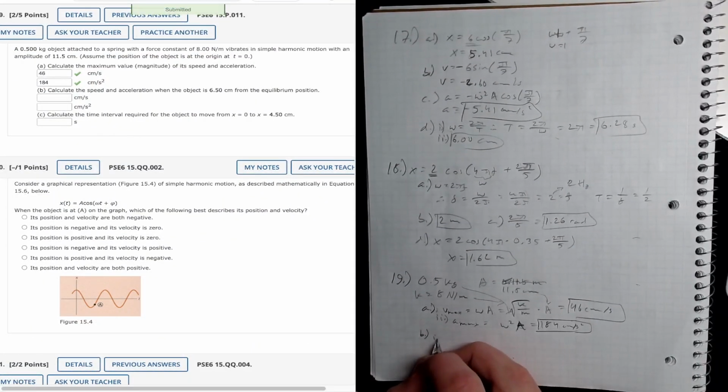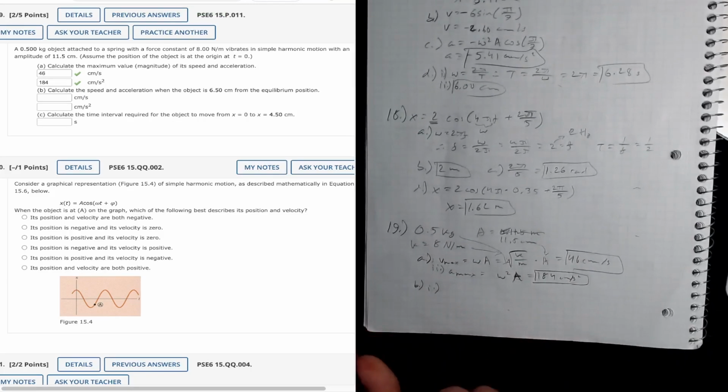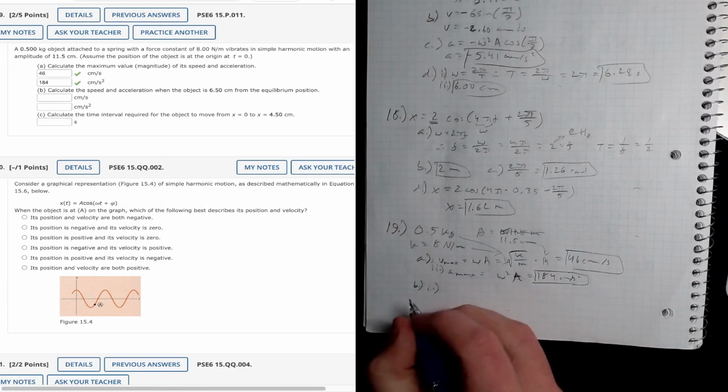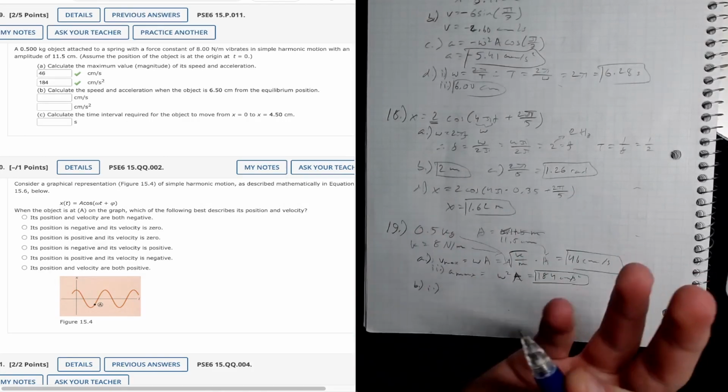We have part 1 of B. In this case, calculate the speed and acceleration of the object when it is 6.5 centimeters from the equilibrium position. Alright, so this means that we have to find the time, and then we find everything else based on the time.